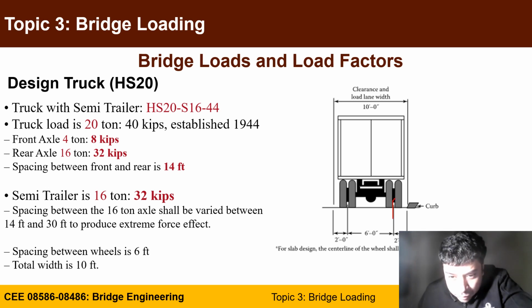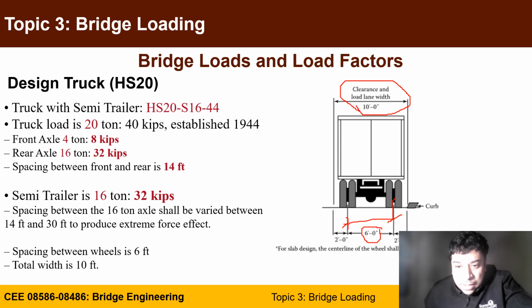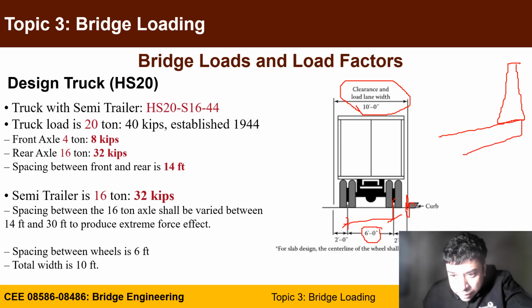Here is your wheel spacing, the distance between the wheels, 6 feet, and the total width of your truck is 10 feet. And remember, this is a curb, so they start here. If you have a barrier system, say this is your barrier and this is your overhang, you start from here, putting your first wheel at 2 feet.